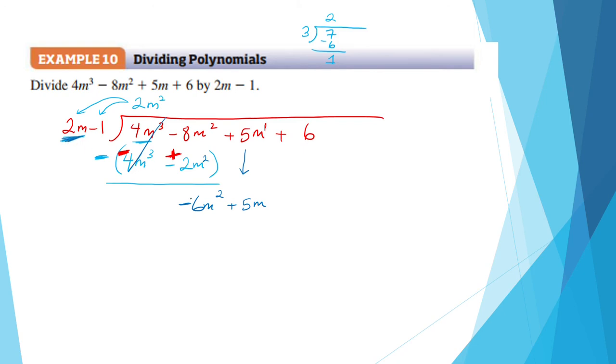2m times what gives me close to negative 6m squared? Well, that's negative 3m. So we have negative 3m. And now we're going to multiply that negative 3m times the two terms in the front. This gives me negative 6m squared.